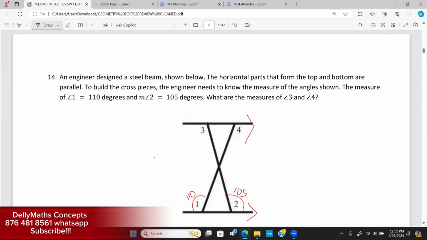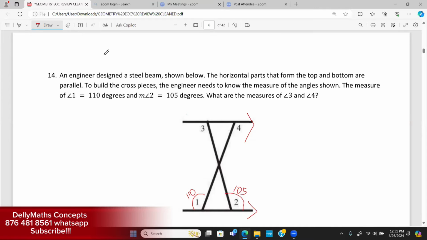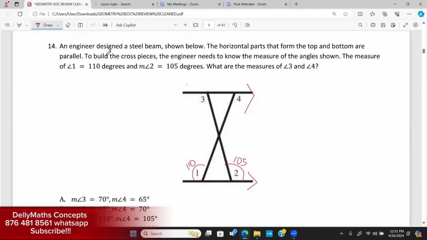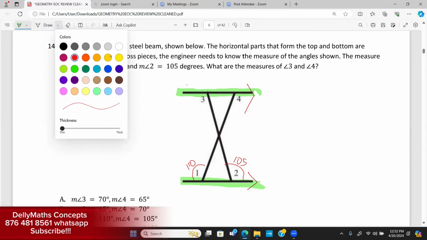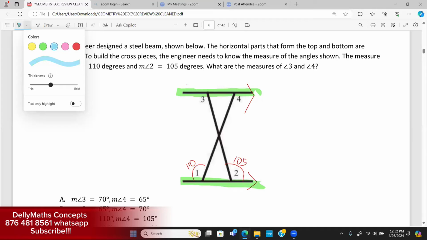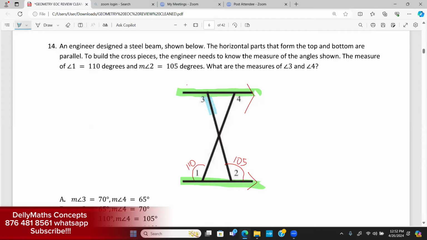Let's see what the question wants. The question says, what are the measures of angles 3 and 4? Take a look at angle 3. Let me highlight these. We have two parallel lines, parallel line 1 and parallel line 2. So I'm going to create the transversal now. The transversal cuts those lines. If I cut this with the blue, that's a transversal.